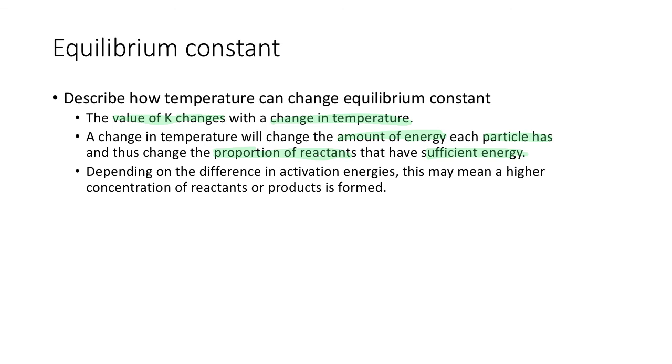The best example of this would be a combustion reaction. If the temperature is low enough, there's not enough energy, so you have lots of reactants and no products. If you have a much higher temperature, the reaction occurs and doesn't go backwards, so you'll have lots of products and almost no reactants. Even though it's the same reaction at different temperatures, you're going to have a very different K value.